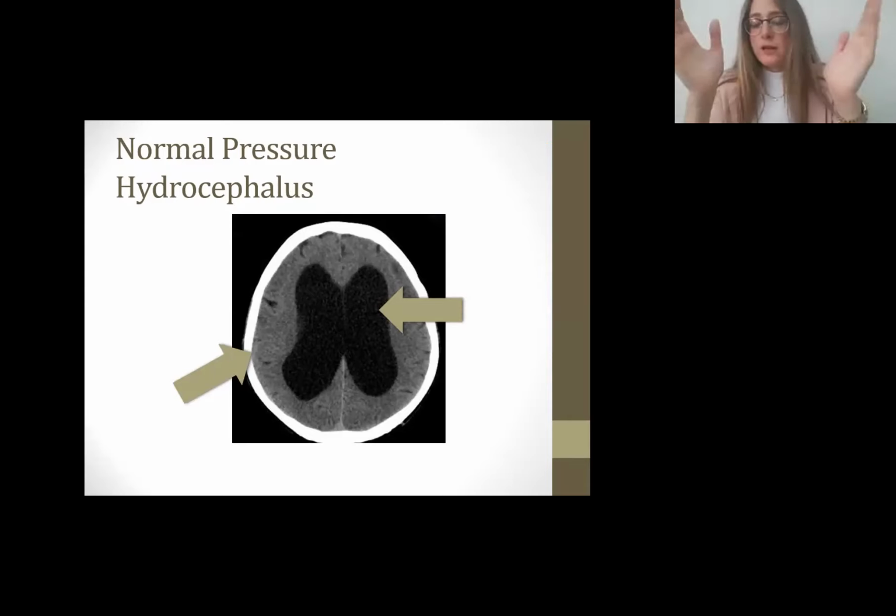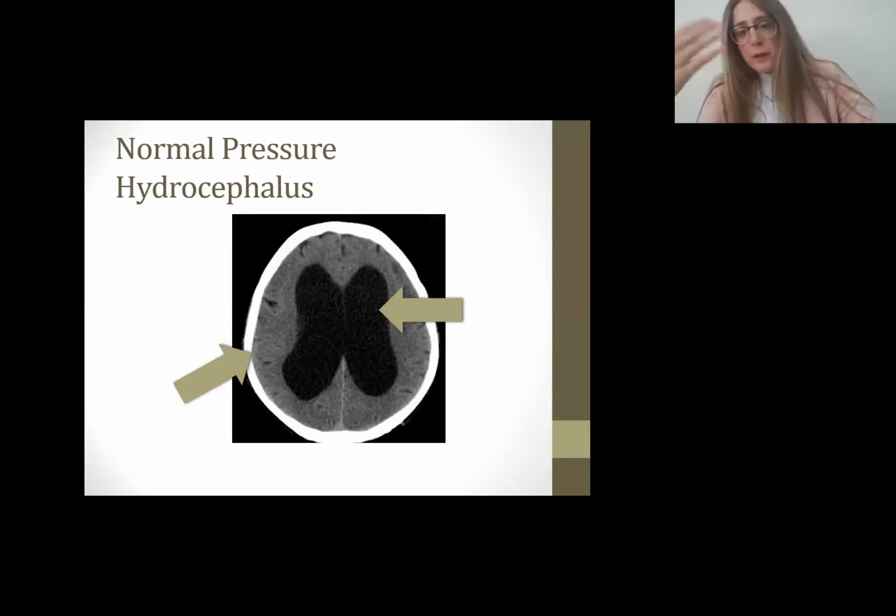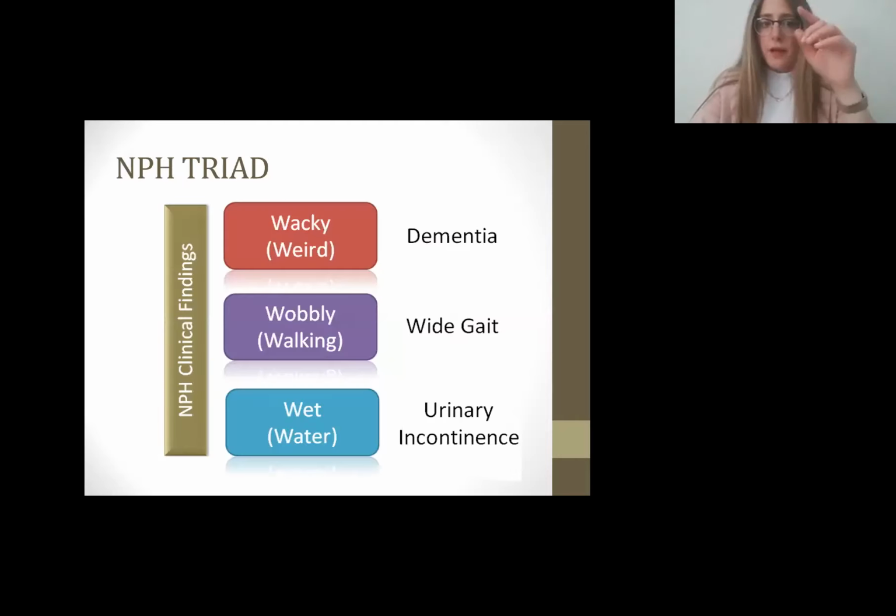Now, of course, I understand this is hard. I'm not giving you any clinical symptoms, but now I will be. It would be much better if, once you see the image, you think okay, I'm thinking NPH, and then once I read the question stem, it goes with NPH. Okay, we have the triad: wobbly, wacky, and wet.